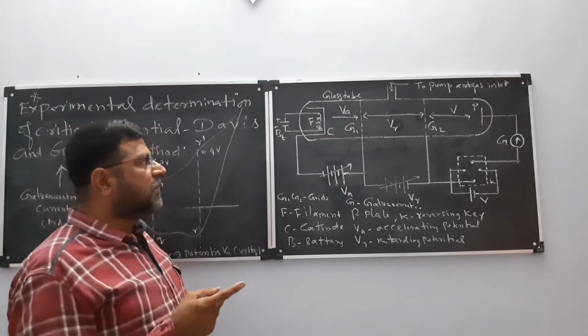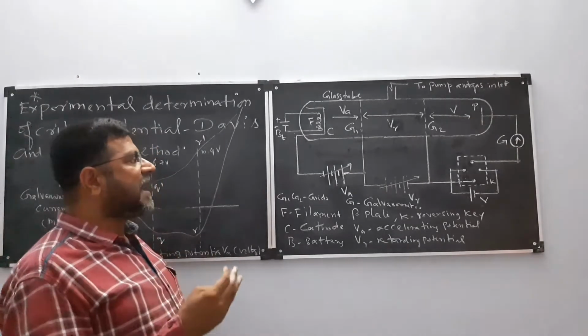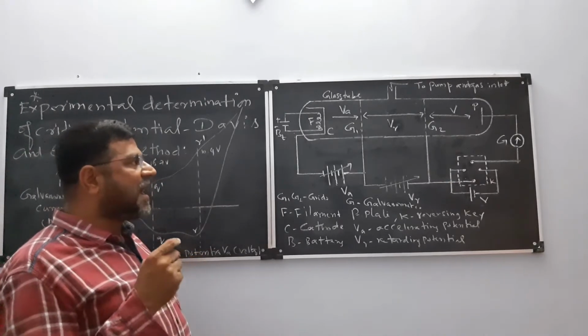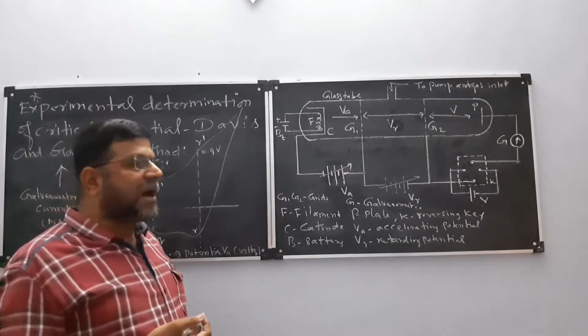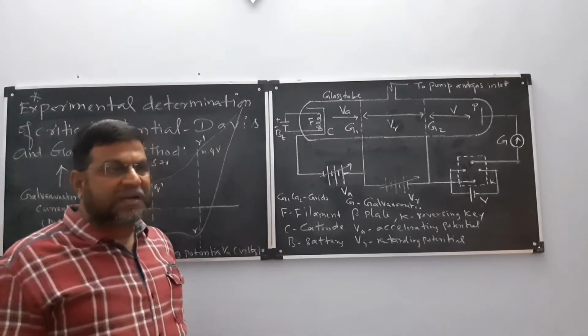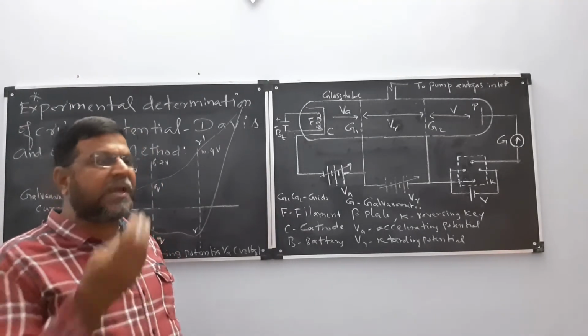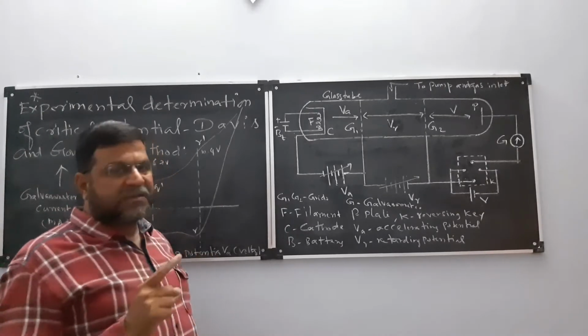Likewise here also the 2 grids are nothing but filters. In the diagram VA, VR, V are marked. VA means accelerating potential. VR means retarding potential, the potential required to bring the electrons to the original state. V is the potential. G is the galvanometer.